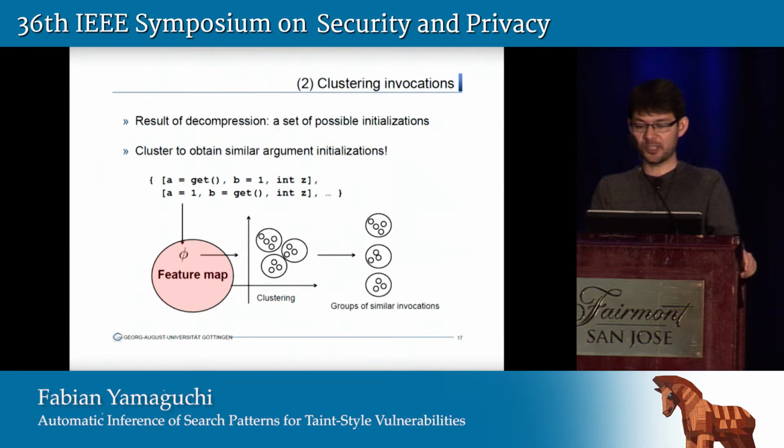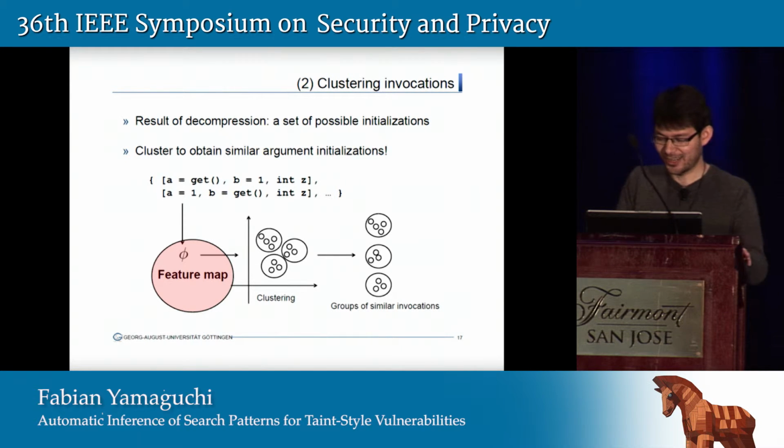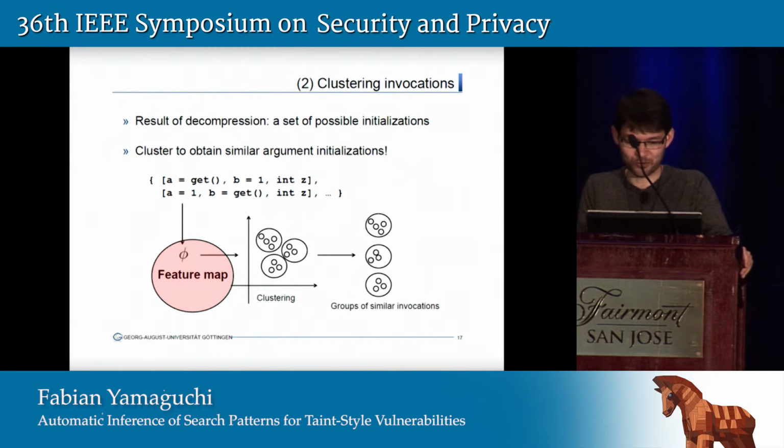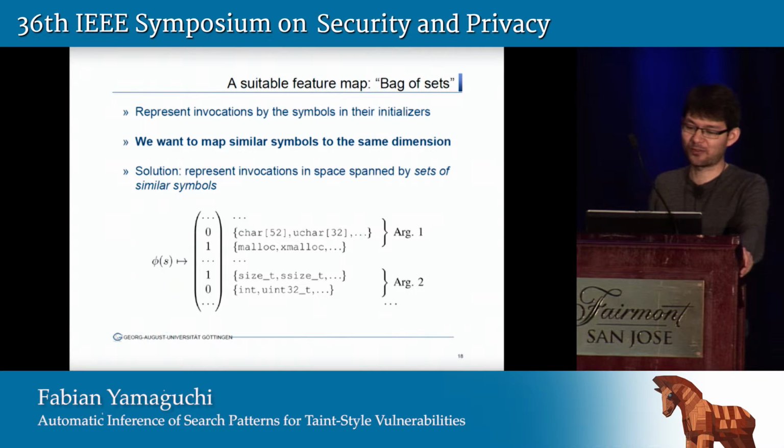Now, we want to cluster these invocations. To do this, we need to map them to a vector space so that we can apply linkage clustering. The design of this mapping is crucial for the success of this, and this is where we introduce our bag of regex mapping. The idea is the following.